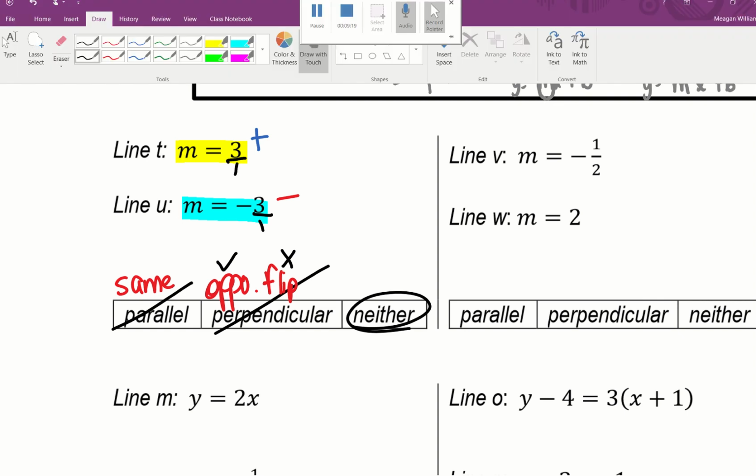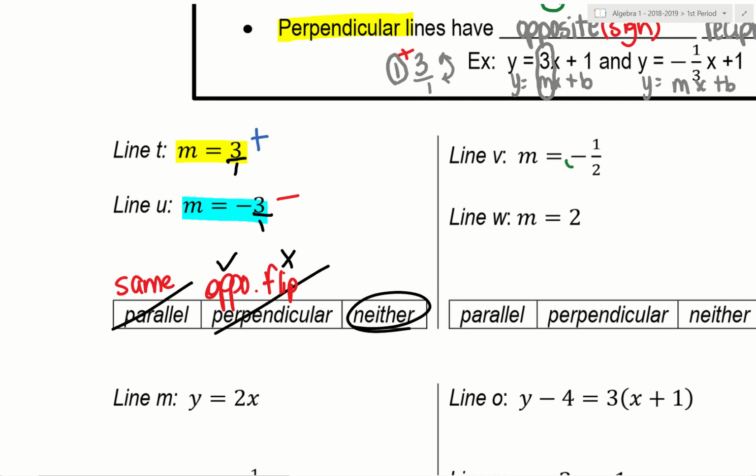Line V, line W, let's go compare those, okay? One is negative, one is positive. So that means I've got oppo, flip here, just as a reminder. Opposite is good to go. It can't be parallel because it's not the same.